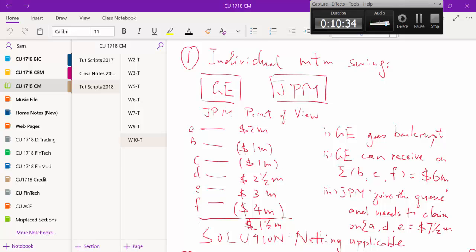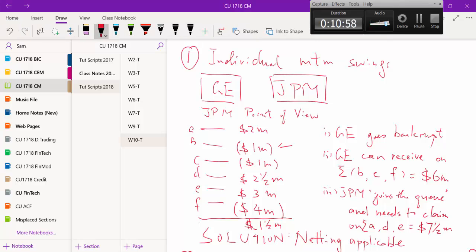GE goes bankrupt. Now, what GE can do is they still have the right to receive on the transactions that they are winning on. So on B, GE is winning because it's a mark to market from JP Morgan's point of view. So they're winning on this one, 1 million, 2 million, 6 million.